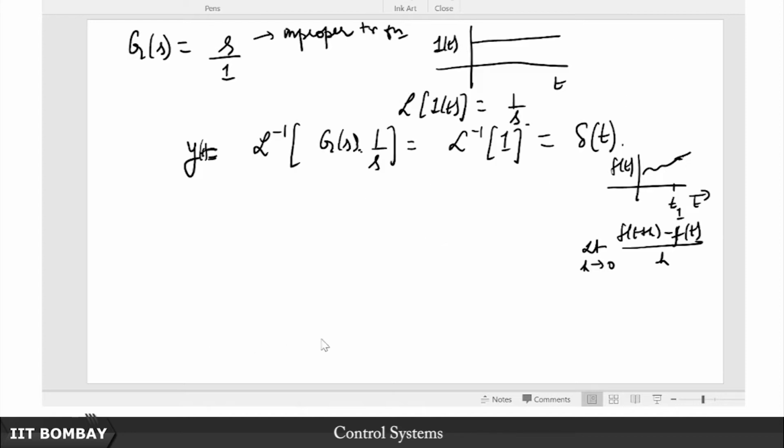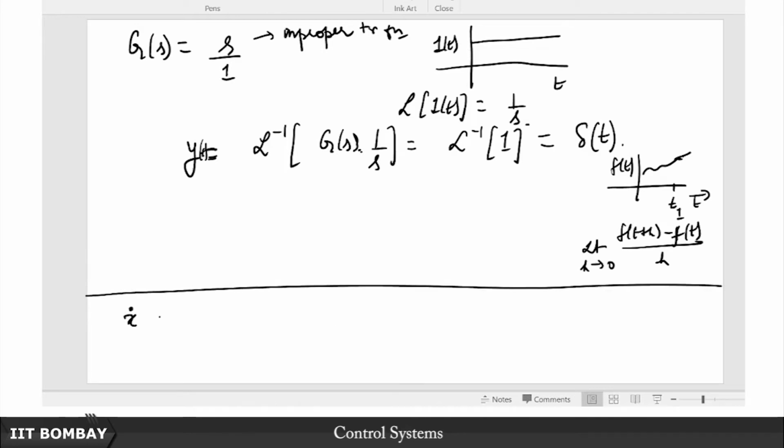Okay, so having seen this, let us now push for something more. Since we are already talking about the solutions of differential equations here, let us see where we would be without the aid of Laplace transforms. Take for instance a differential equation given by x dot.